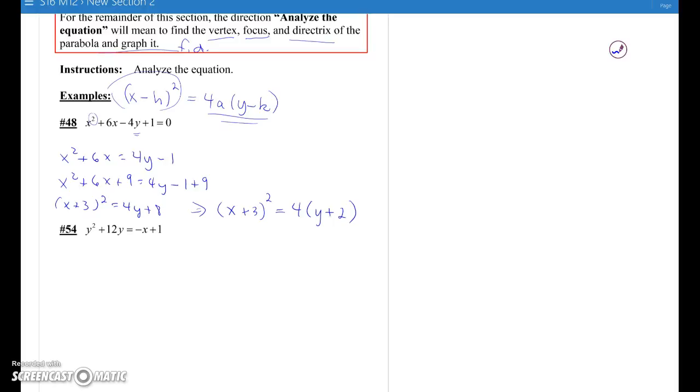So analyze the equation means find the vertex. Well, I can just read the vertex right off of this equation. It's (-3, -2). So I know where the vertex is. Then I look at this number here, and this number is 4a. So if 4a is 4, then a must be 1.